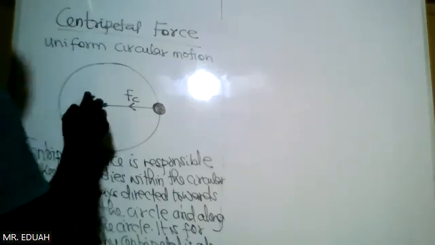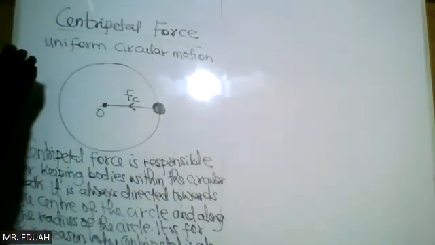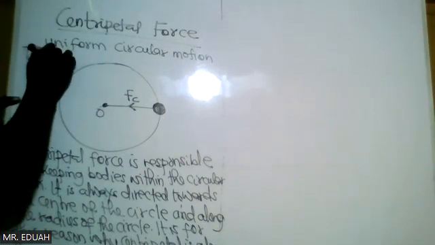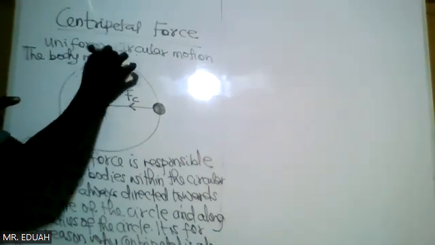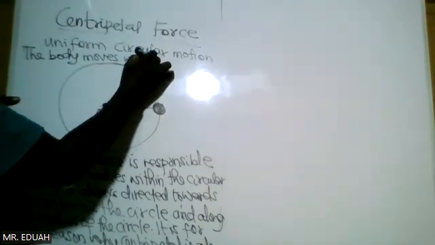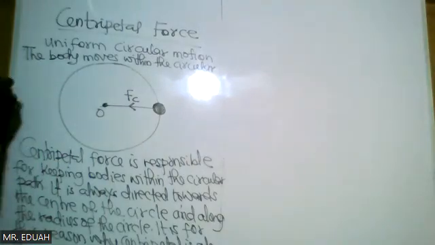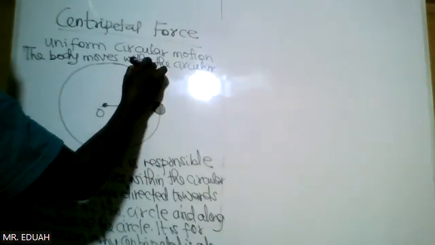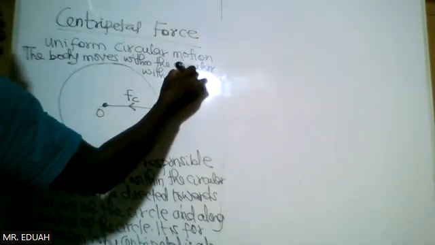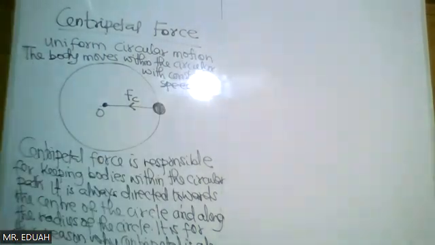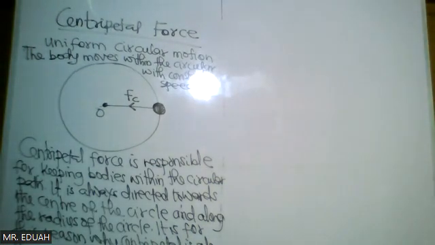When the body is moving in a uniform circular motion, it simply means that the body moves within the circular path with constant or uniform speed, V. So a body in a uniform circular motion moves with a constant speed. Its speed is constant within the circle.